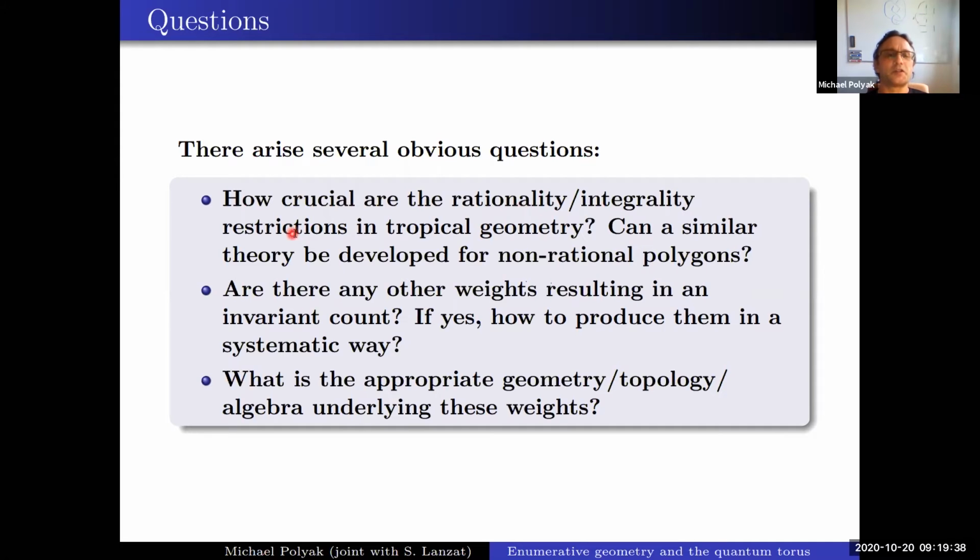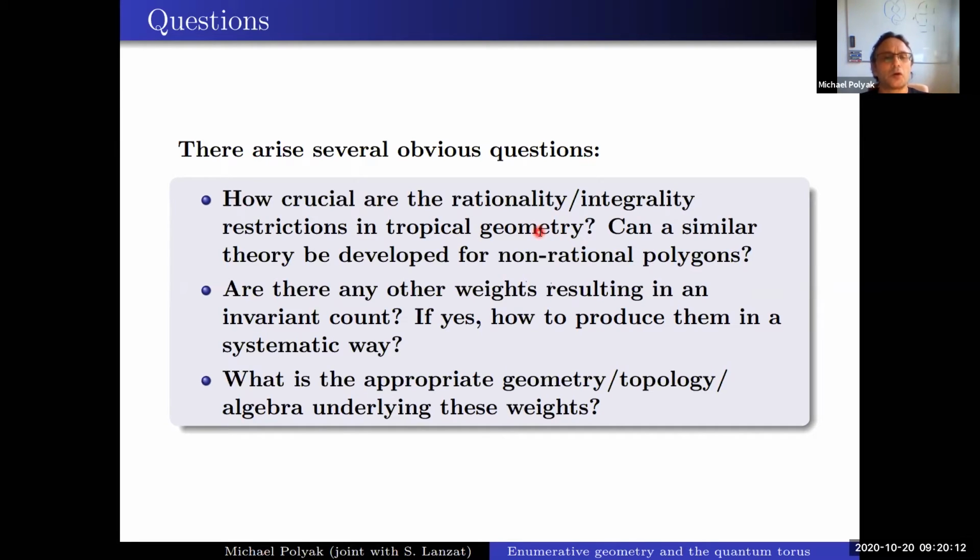Could you possibly start the same machinery and develop this theory when you start from a polygon which is, say, non-rational? So here we come to the topic of this conference: you look at any polygon now on the plane, and you think about it as a kind of Newton polygon, and just try to develop the tropical geometry.